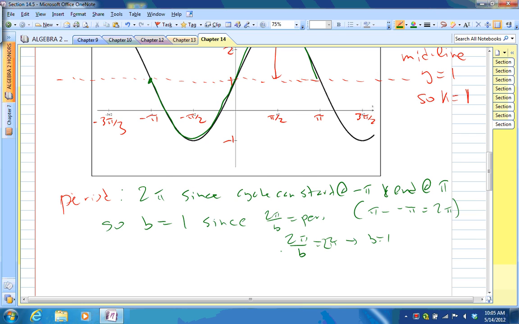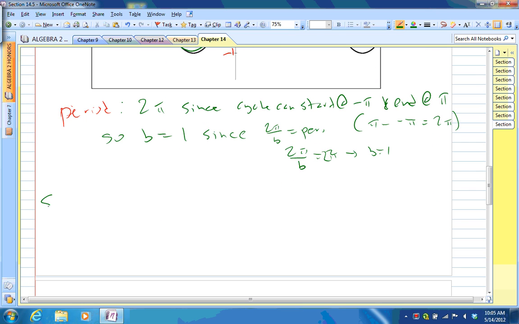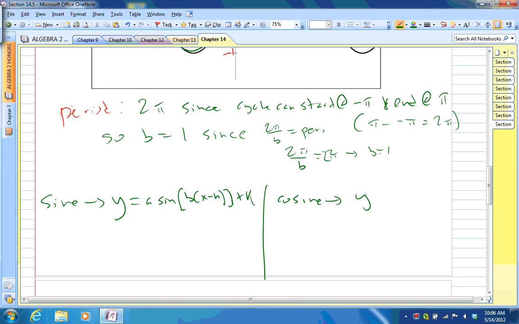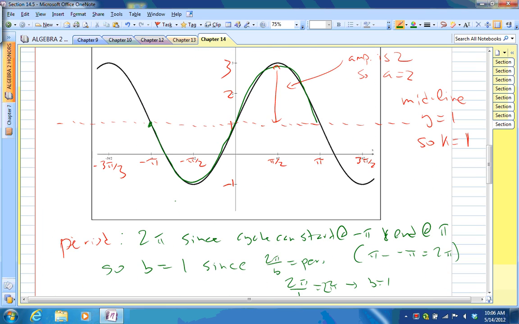Okay, so now let's work this out. For the sine function, y equals a sine of b x minus h, plus k. Here, y equals a cosine of b x minus h, plus k. So we know the amplitude is going to be 2.